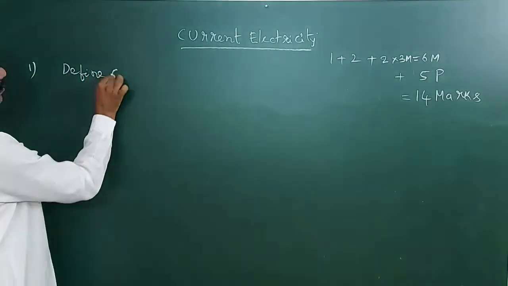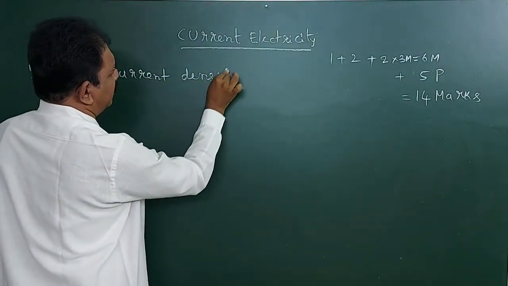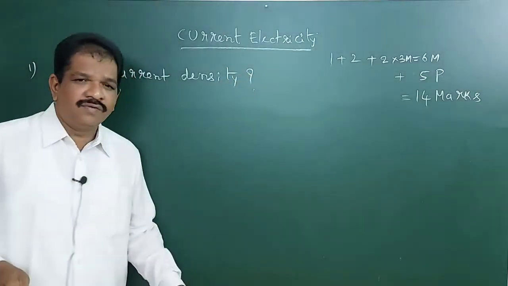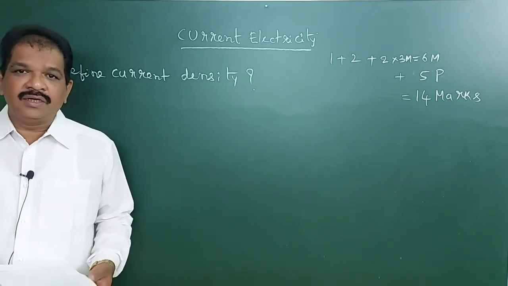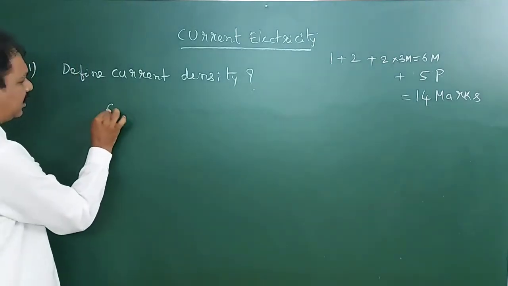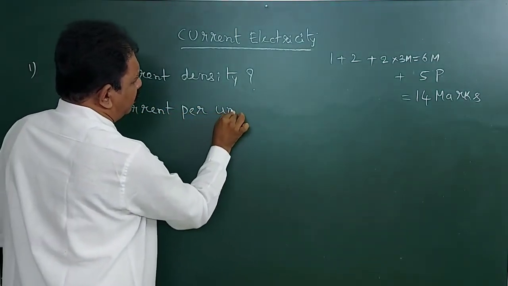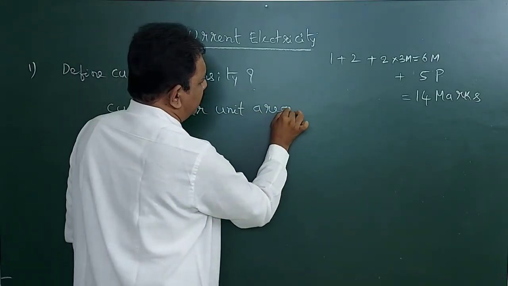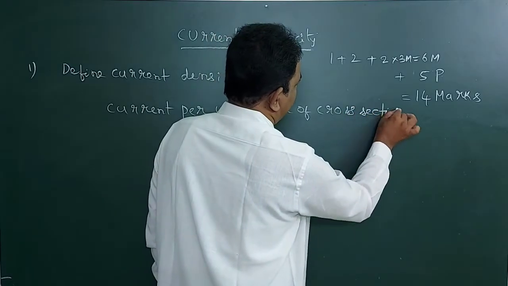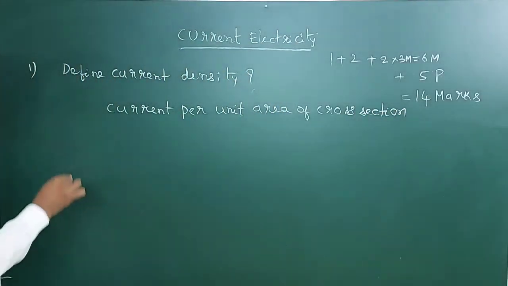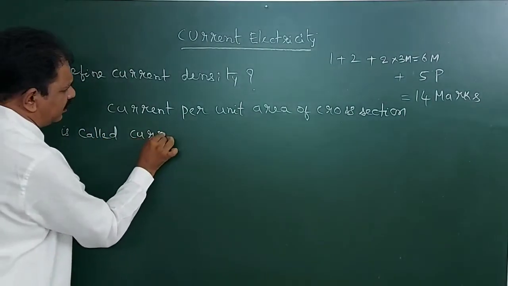Define current density. Write down all of you. Current per unit area of cross section will be called the current density.